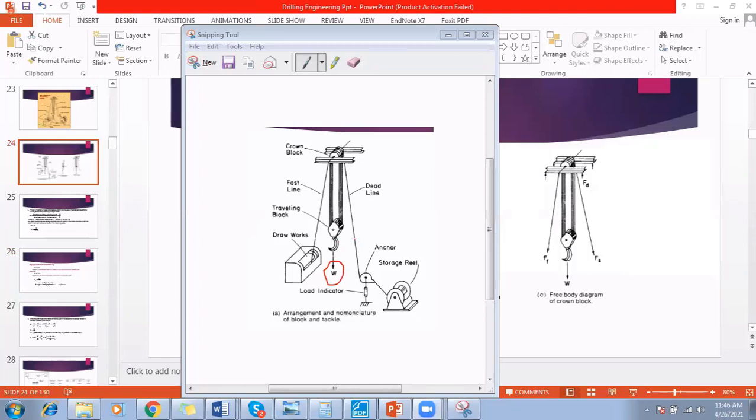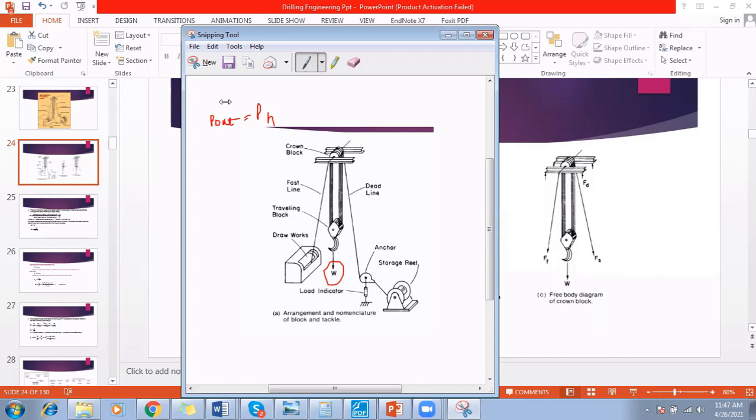Yes, but be specific to the hook. Why are they using the word hook? Let me repeat the question again. They are saying the output power, P out, as PH.